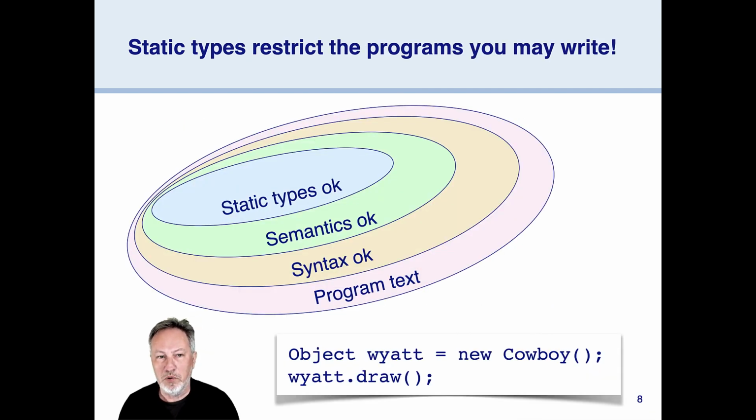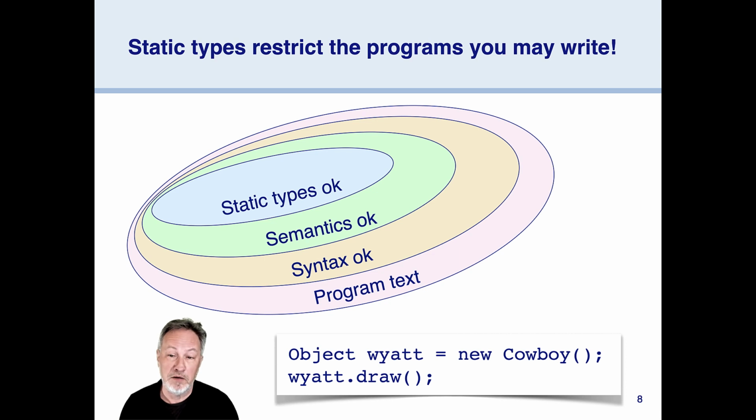Now, what's the importance of static types? Static types restrict the kinds of programs you're allowed to write. Now have a look at this picture. This picture is a Venn diagram, and the biggest circle represents all of the programs that we might try and write. Some of those programs are syntactically okay.